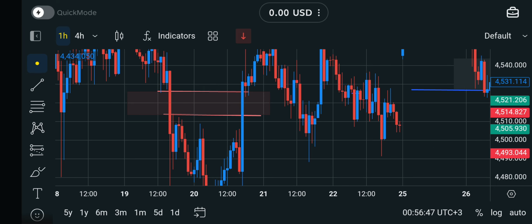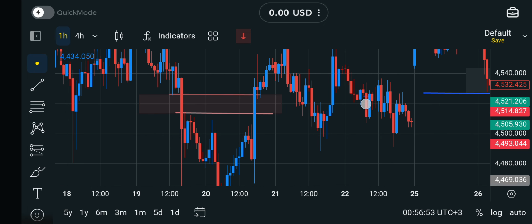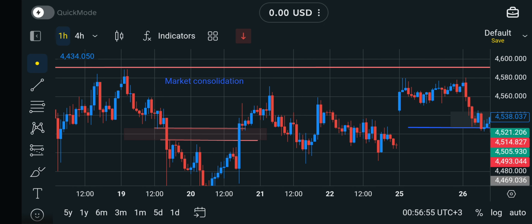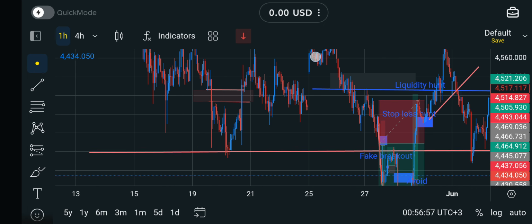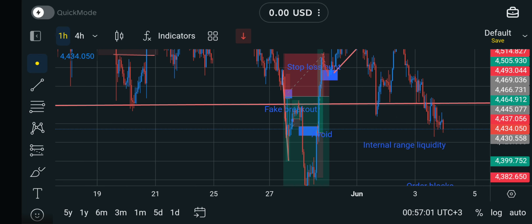Now I was talking about how the market was flowing and how you can enter a trade after the market consolidation. You could have seen a breakout, but you could wait for the market to come again.